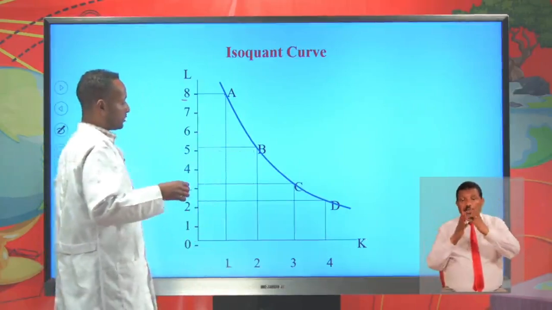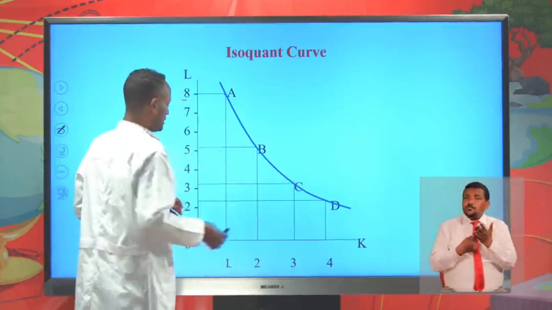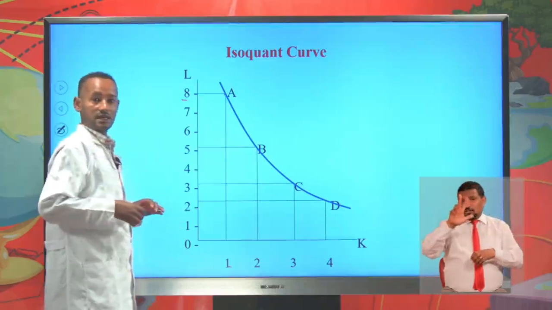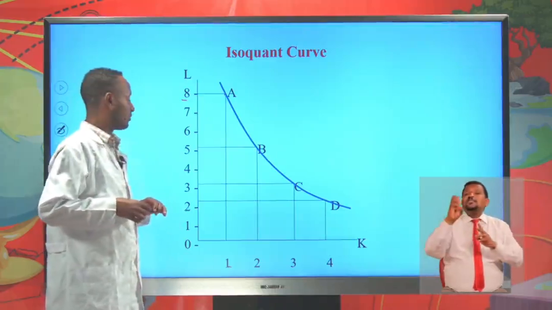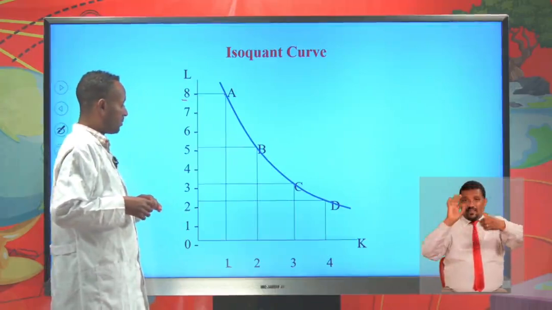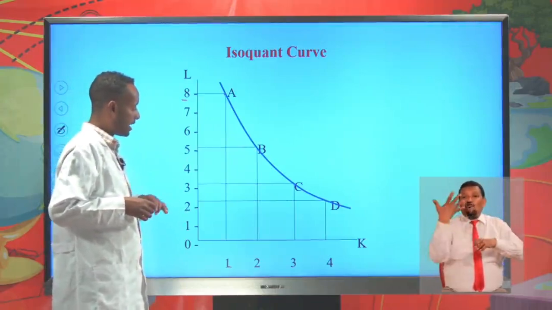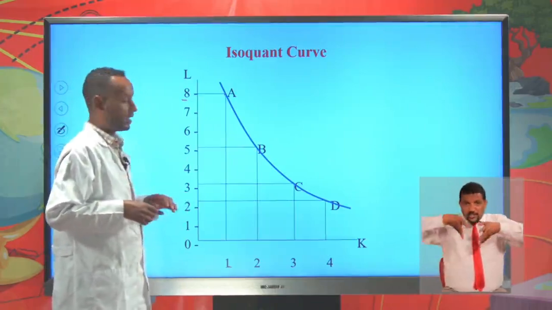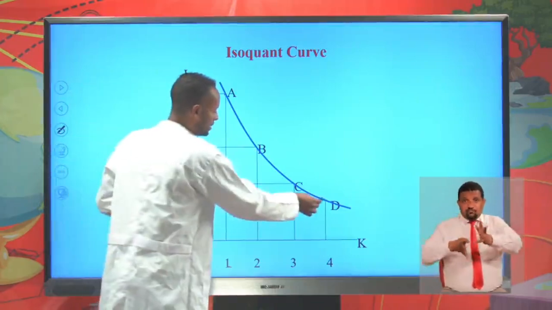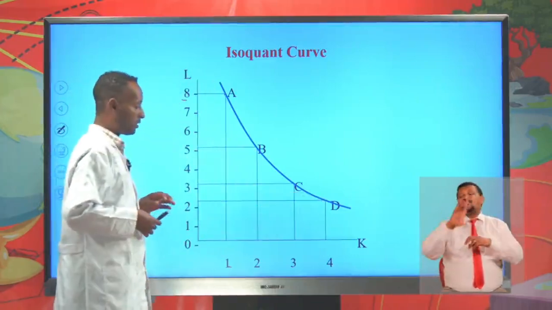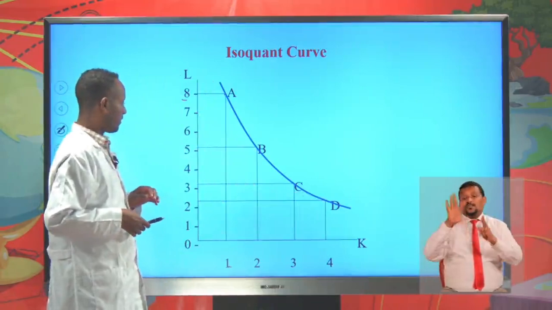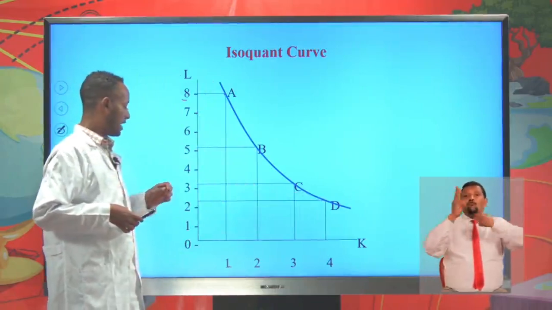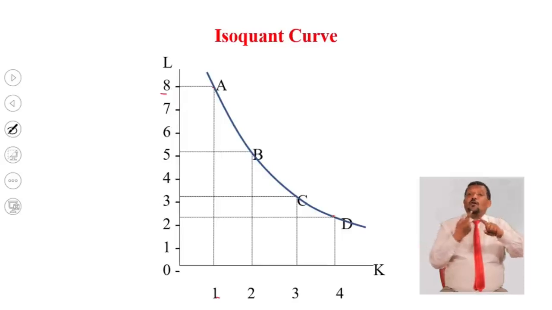Then, as we come to combination C, the farmer gets 60 quintal of wheat from a combination of 5 labor and 3 tractors. And at combination D, the farmer gets 60 quintal of wheat from 4 capital and 2 labor.